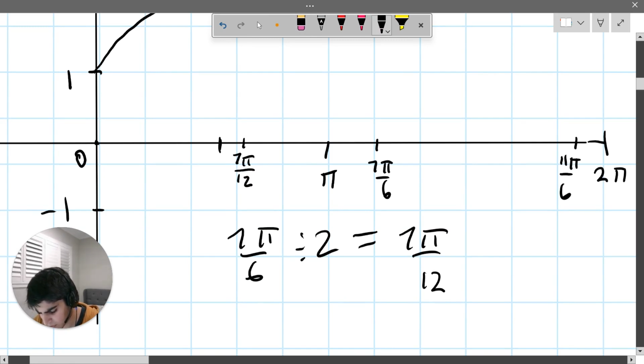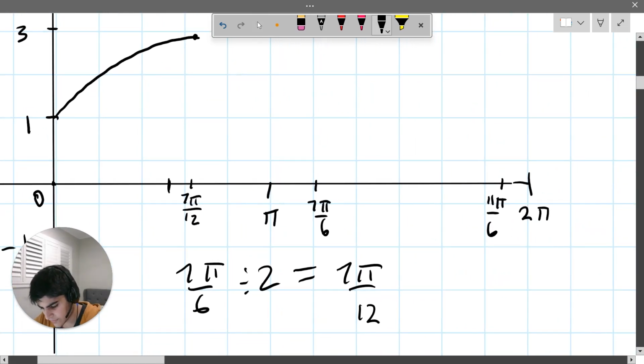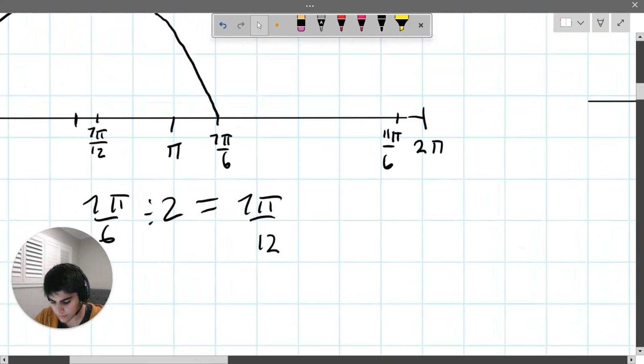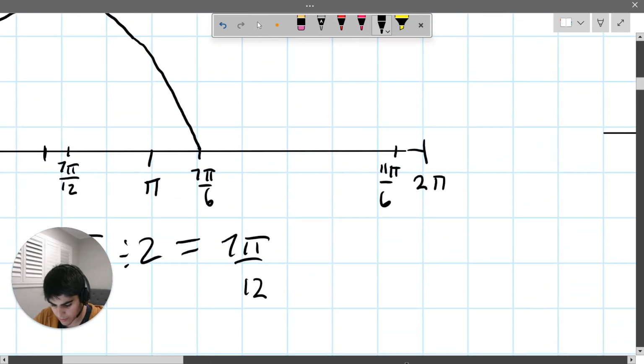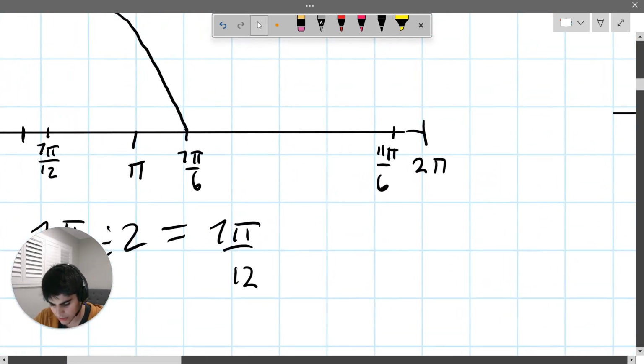Amplitude peaks around there. And then 7 pi on 6. Now 7 pi on 6 to 11 pi on 6, the gap is 5 pi on 6.